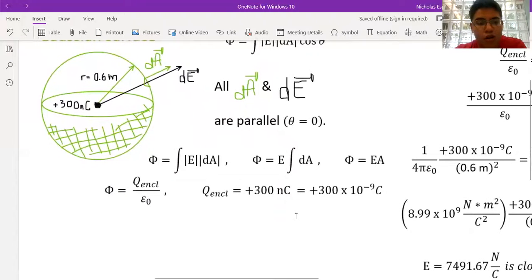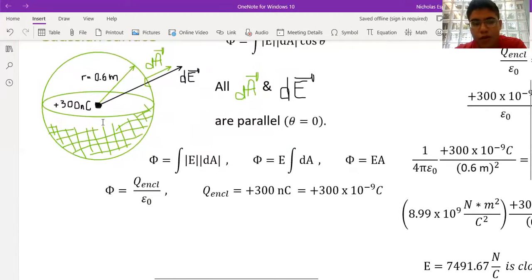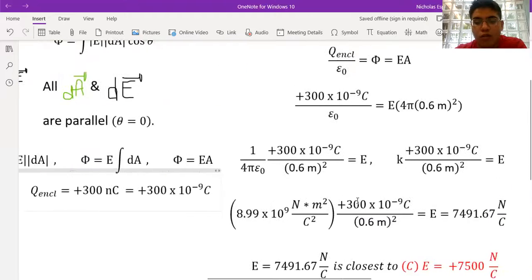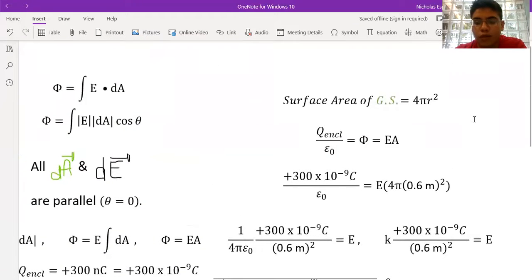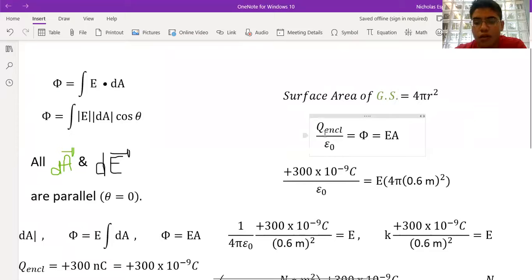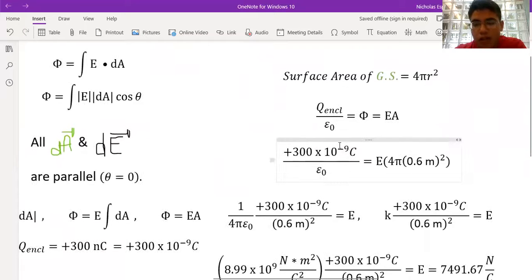The enclosed charge is just the point charge inside the cavity, 300 nanocoulombs, which we convert to coulombs: 300 times 10 to the negative 9 coulombs. We're going to equate these two equations, so the enclosed charge divided by epsilon naught is equal to the area times the electrical field.